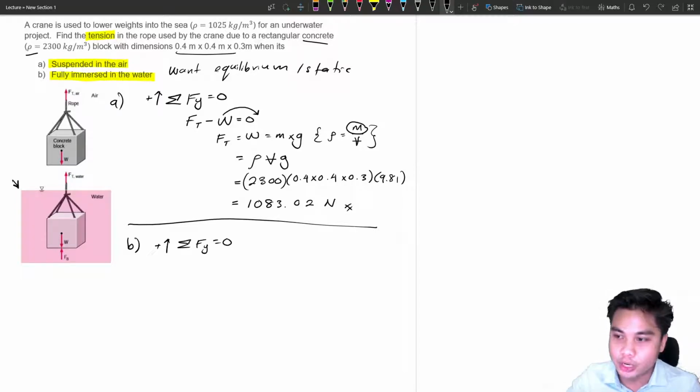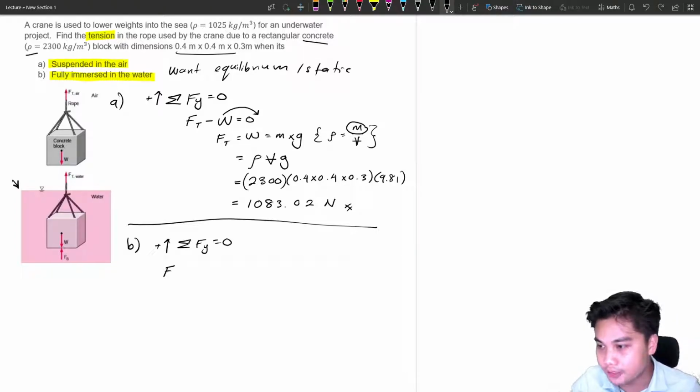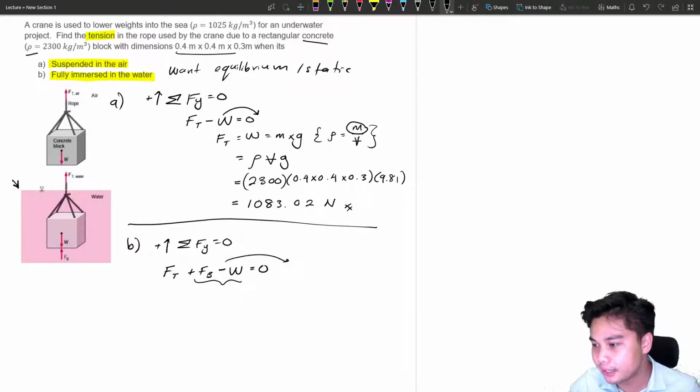So what forces do we have? We have the tension force, Ft, the buoyancy force, which is plus Fb, and the weight force, which is negative because it is pointing downward, equal to 0. We move the second and the third terms to the right side, and we end up with Ft equal to weight minus Fb.